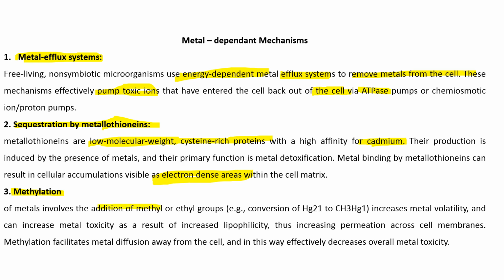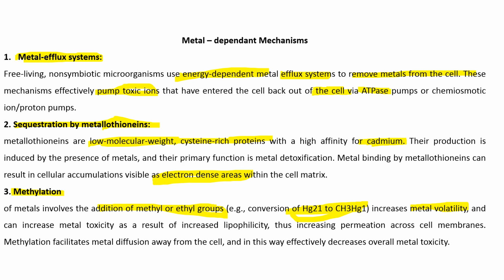It is the addition of a methyl or ethyl group. Why they add methyl and ethyl groups is to reduce the toxicity and increase the metal volatility. Certain elements, especially mercury, when present as elemental mercury, are very toxic in nature, and when they are converted to other organic forms, they increase their metal volatility.